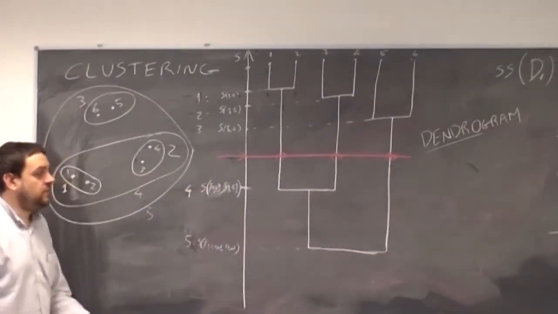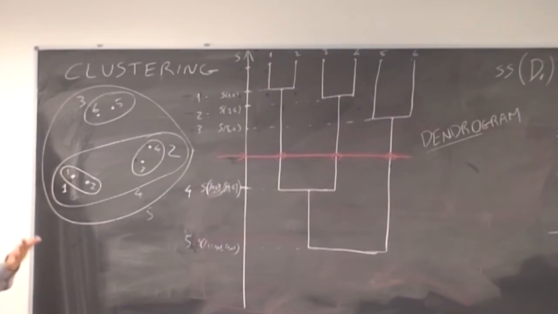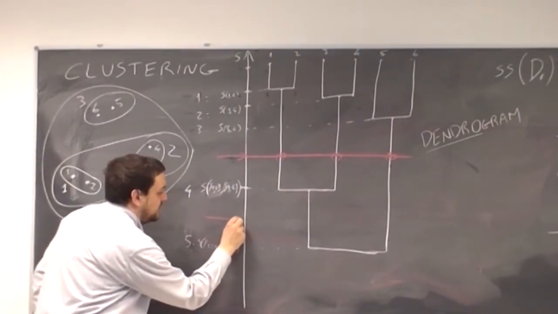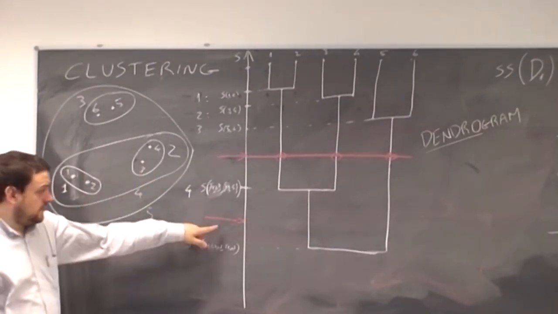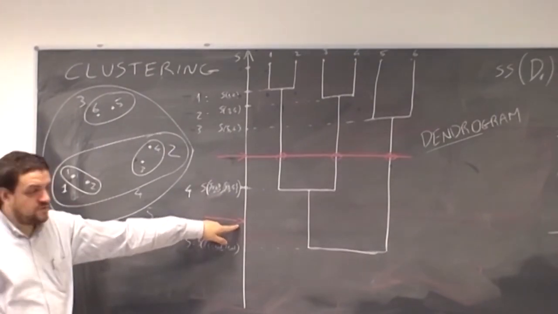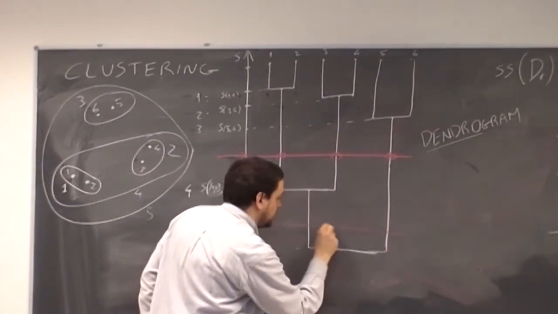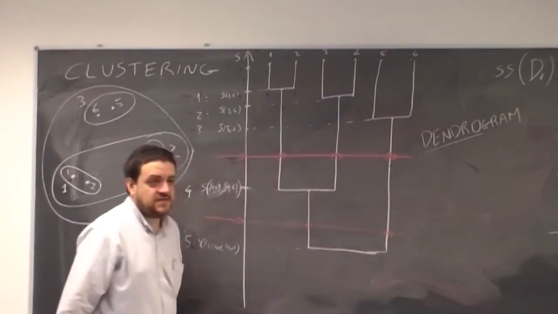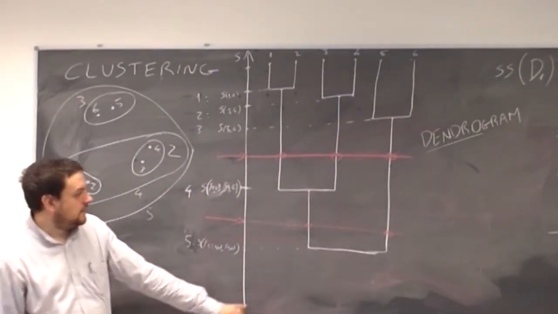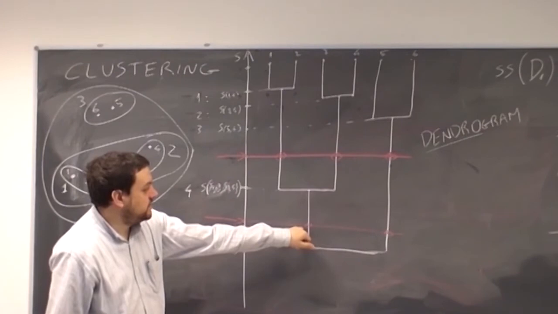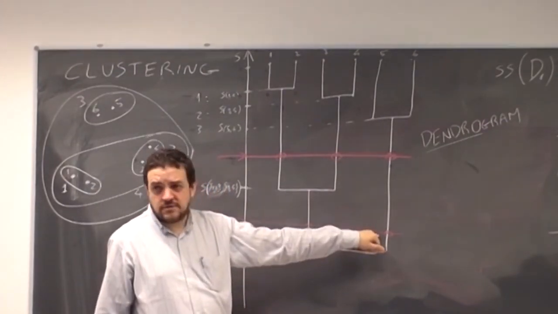If you prefer another level of similarity, for example this one, then this section identifies this different clustering. The cluster 1, 2, 3, 4 and the cluster 5, 6.